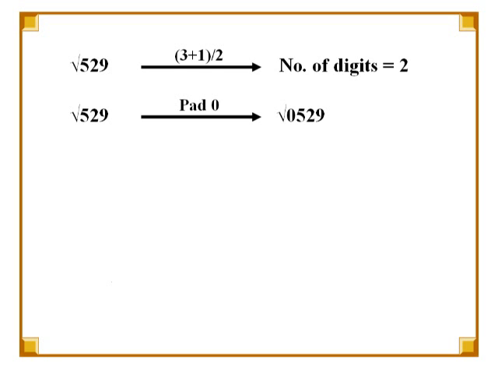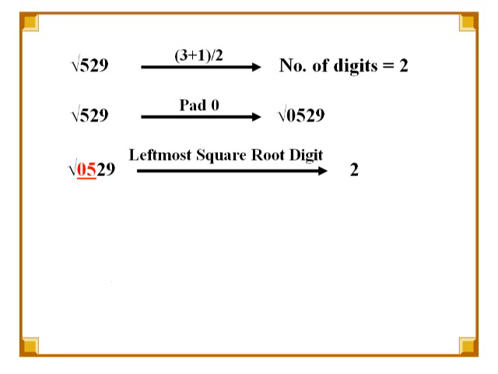This gives us 0529. We then look at the leftmost 2 digits of 0529 and determine the largest single digit number whose square is less than this number. In this case, the leftmost 2 digits are 05, and the number 2 is the largest single digit whose square 4 is less than 5.